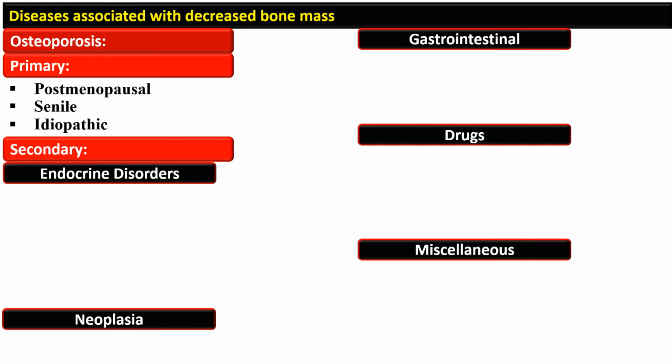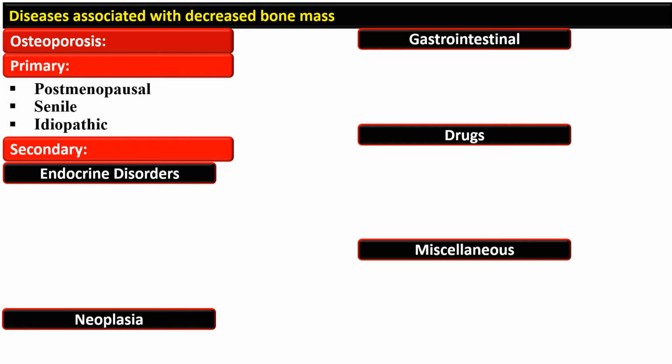So we have seen that this secondary osteoporosis is due to extra osseous disorders, and there are 5 categories of the secondary variety of osteoporosis. These are endocrine disorders, various neoplasia, gastrointestinal or hepatic diseases, drugs, and miscellaneous causes.